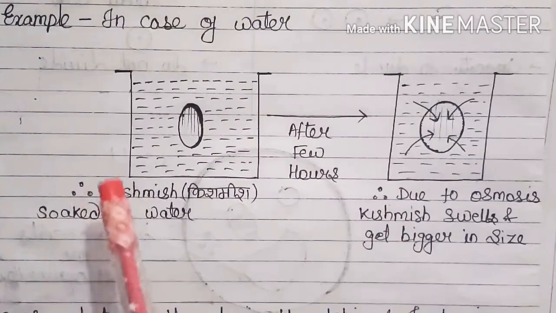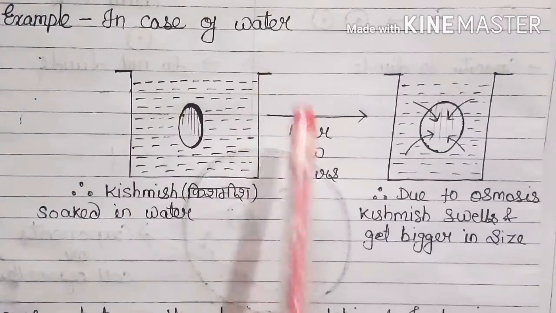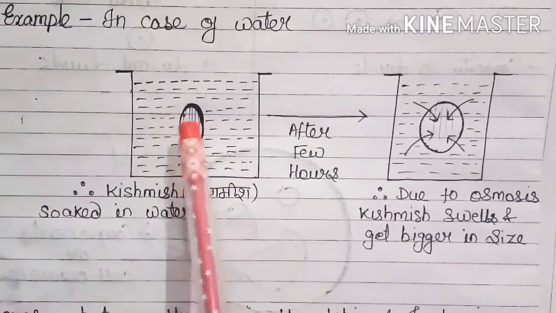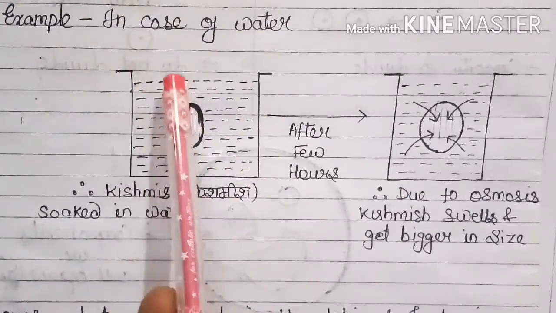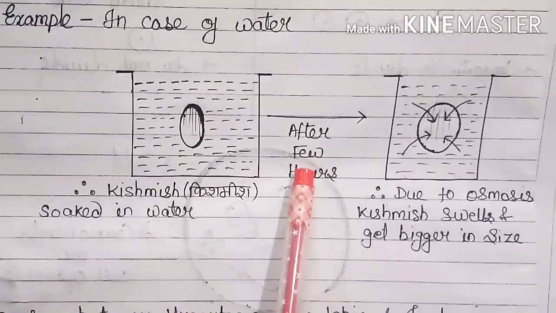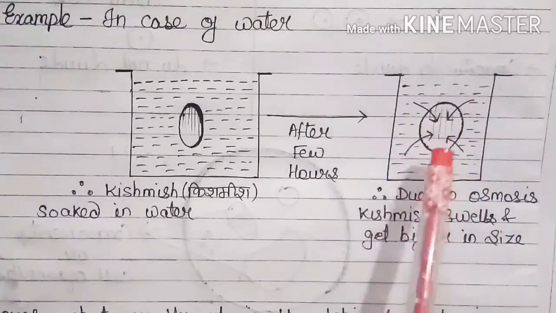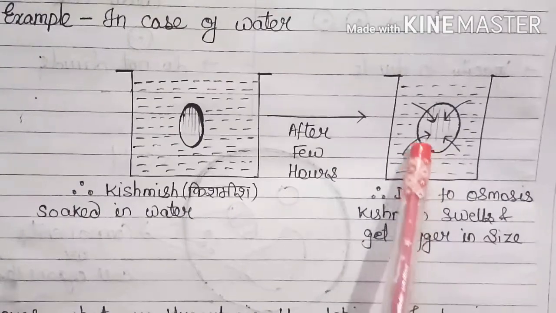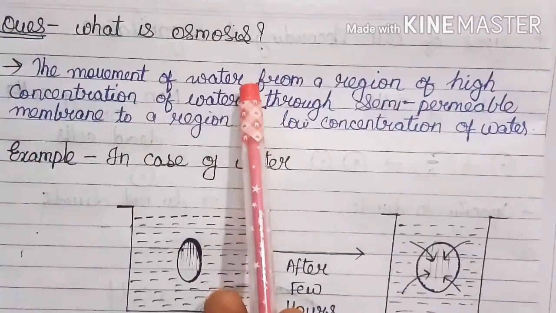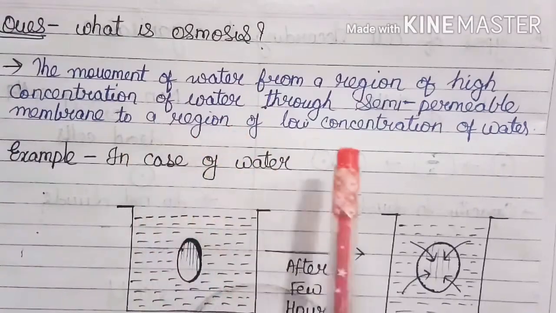Let's understand osmosis with the help of this example. So consider this as a beaker in which kishmish (raisins) is soaked. So this is a kishmish and this is a beaker which is full of water. So what happens after a few hours or after 24 hours, due to osmosis, the kishmish swells and gets bigger in size. According to osmosis, there is the movement of water from a region of higher concentration to a region of lower concentration.